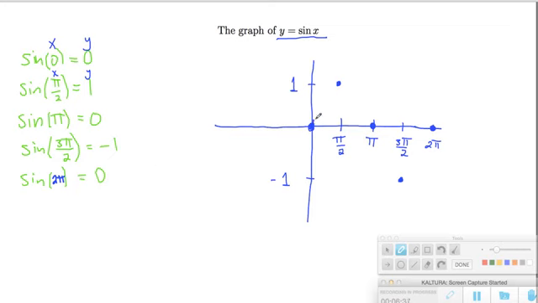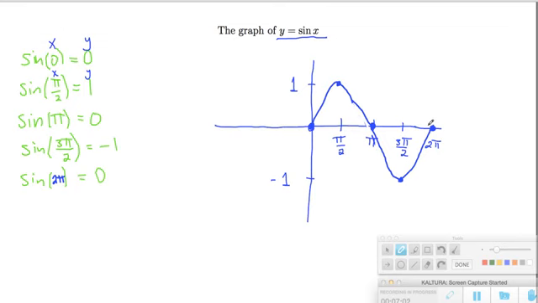So what happens is, if you draw the curve, it actually looks pretty much like this. Let me do a little better so I actually go through the point. There we go. So it looks like that.